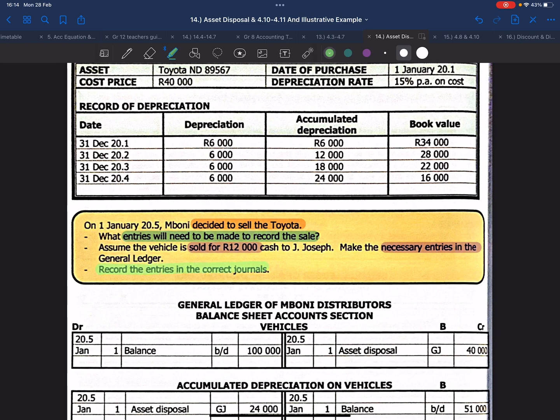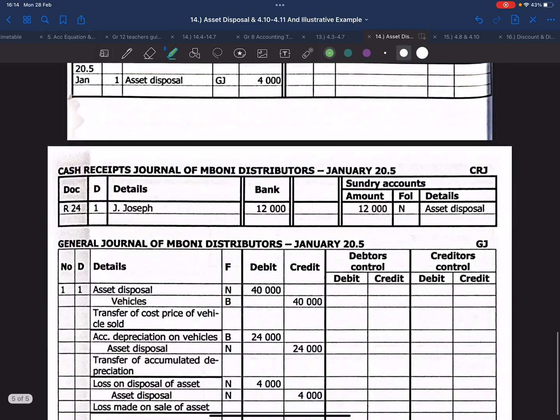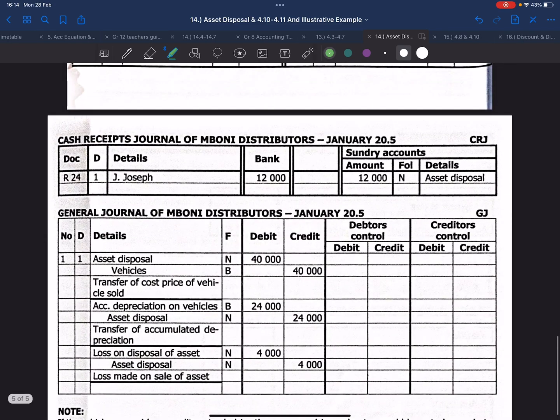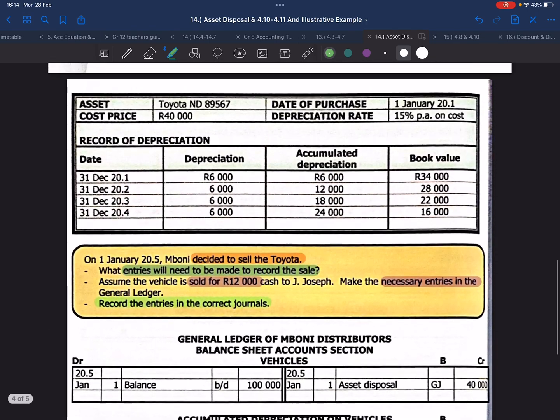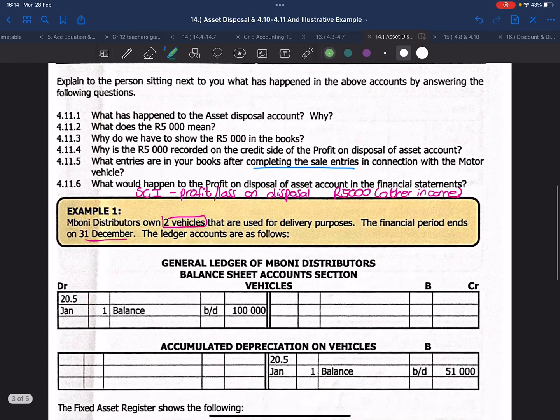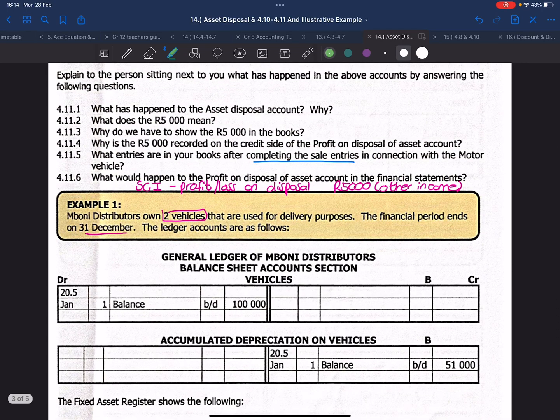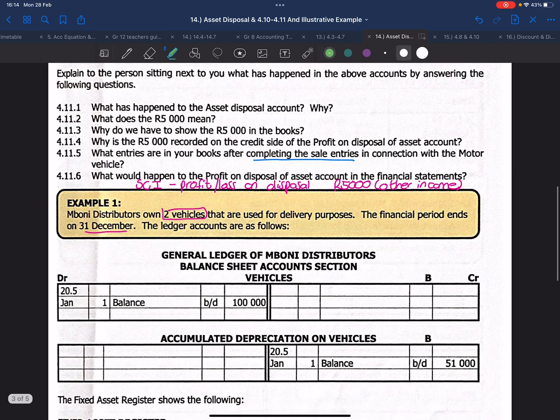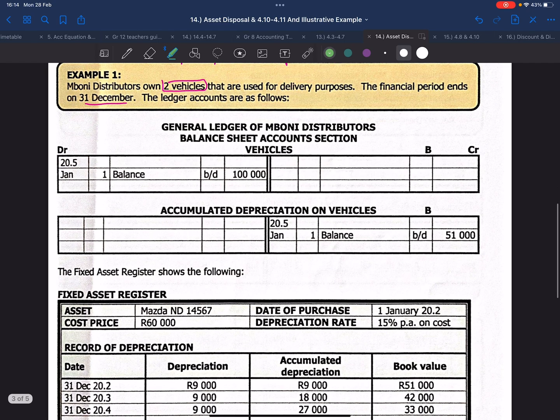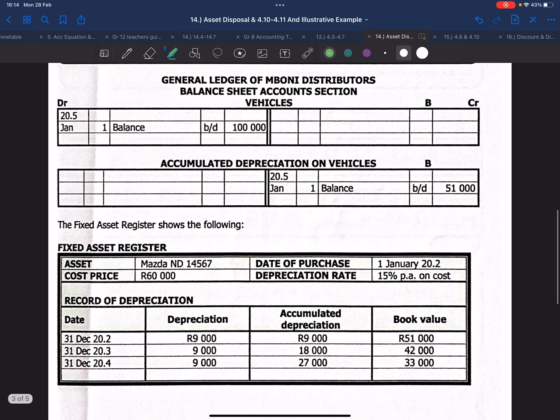And then this is just one step further. They want us to record the entries in the correct journals, which they did here, the cash receipts journal and the general journal. So please work through this example so that you can get a better understanding of asset disposal. It is also a nice example because it shows you everything relating to these assets.